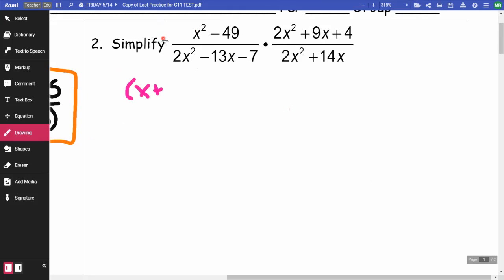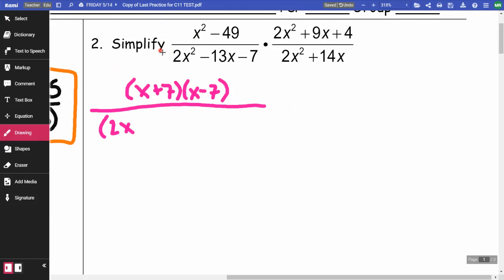That's going to be an x plus 7 times an x minus 7. And then this 2x squared minus 13x minus 7, that's going to be a 2x and an x in the front. And I'm going to be having different signs, a positive and a negative, and I need things to multiply to 7.